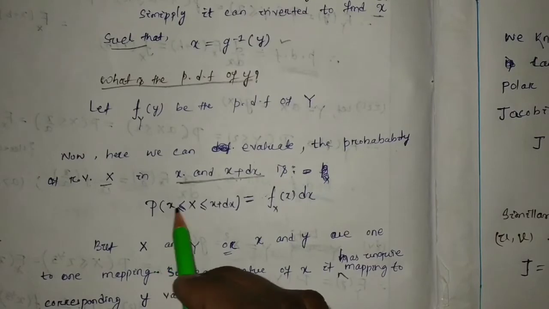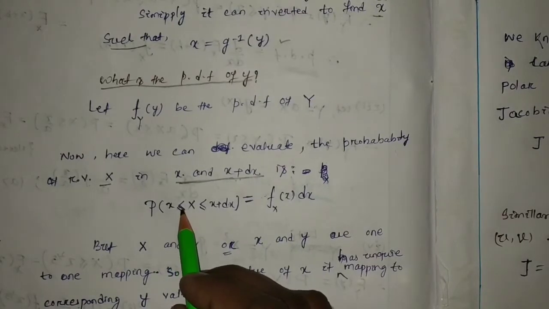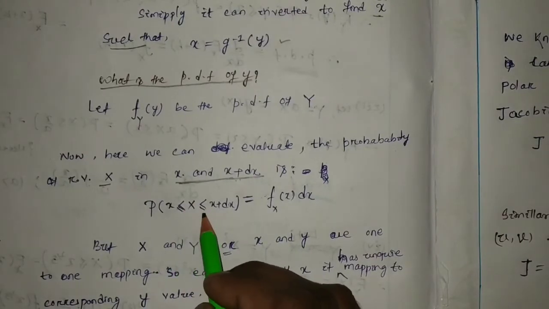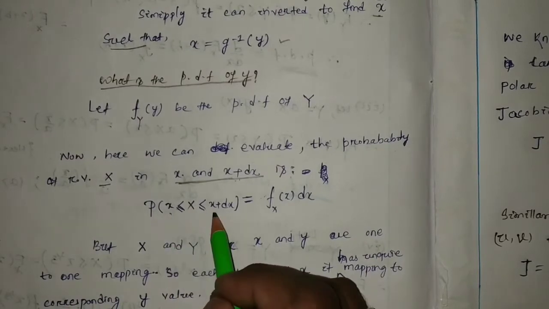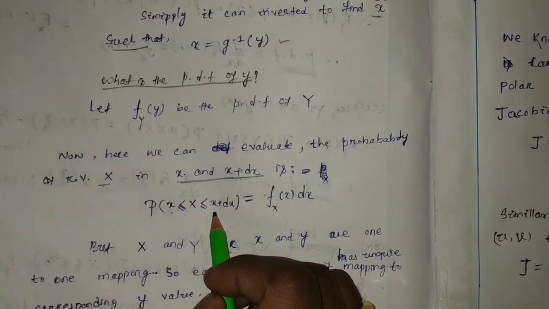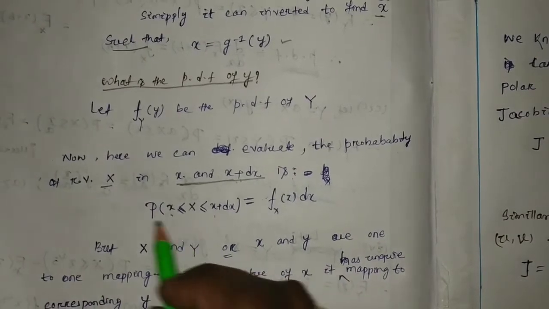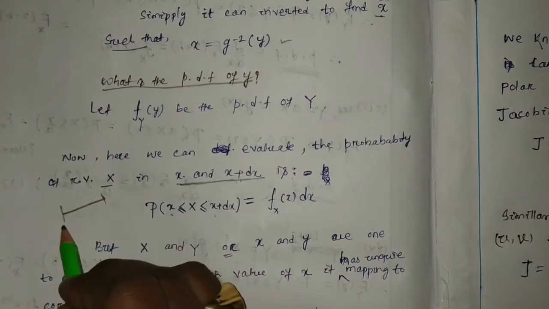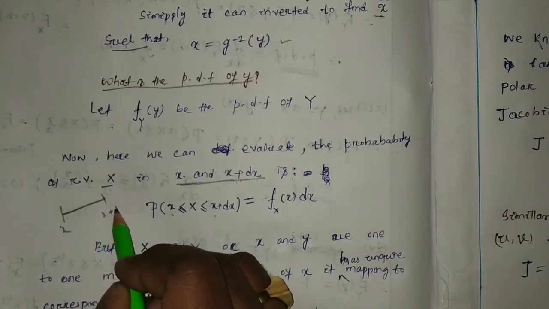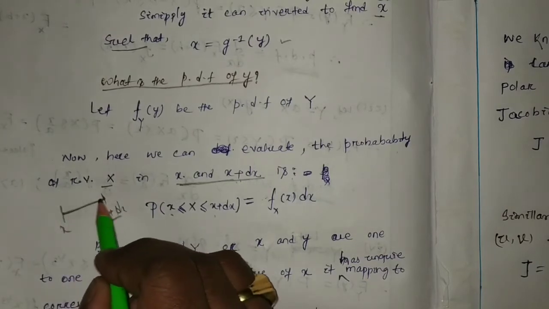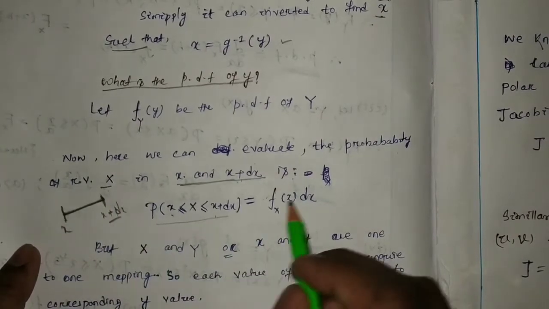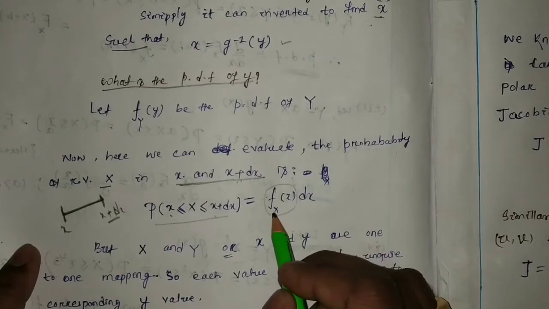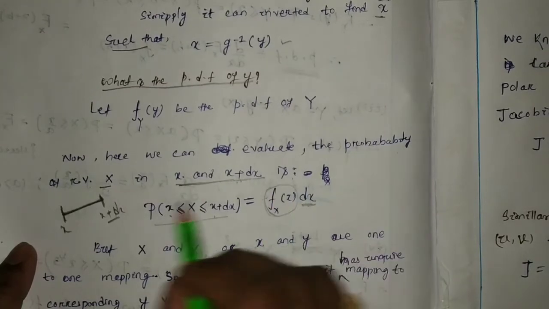Probability of x less than or equal to capital X, greater than or equal to small x, less than or equal to x plus dx. That means the total probability in between the range x and x plus dx is the probability density function into the length.